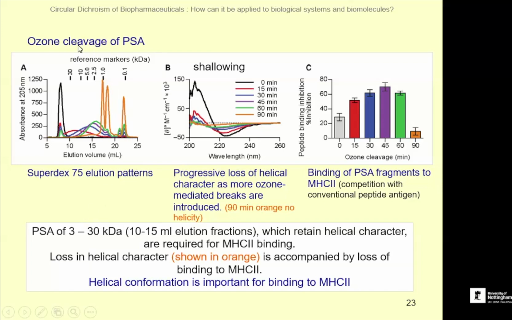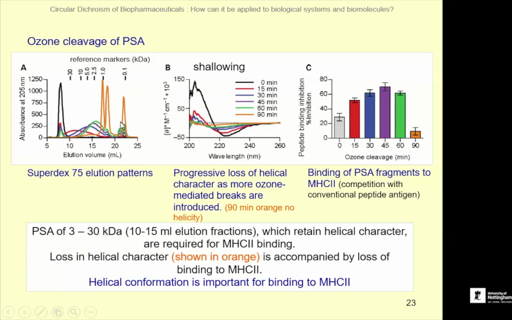So what they did was they used PSA which had been chopped up with ozone, and they got fractions which are hardly touched and large, shown by the black region, 0 minutes cleavage with ozone, and then various time intervals at which PSA is exposed to ozone. So at 90 minutes you expect most breakdown of PSA, shown by the orange components here, broken down to between 0.1 and 1 kilodalton.